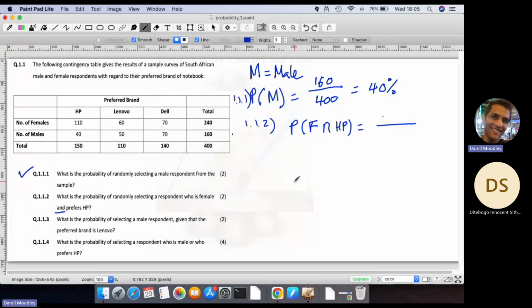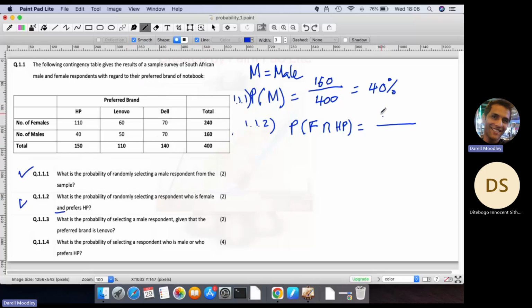All right, so I am looking at a cross-tabulation table here, as I mentioned earlier, between gender and different brands of laptops. So we're looking at question 1.1.2 now. The question is, what is the probability of randomly selecting a respondent who is female and prefers HP?